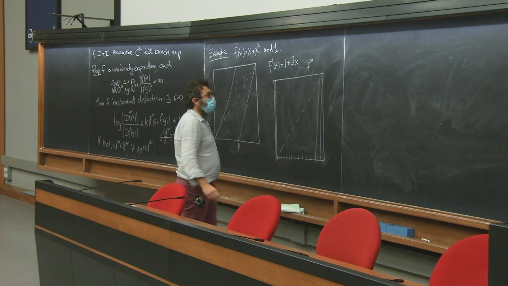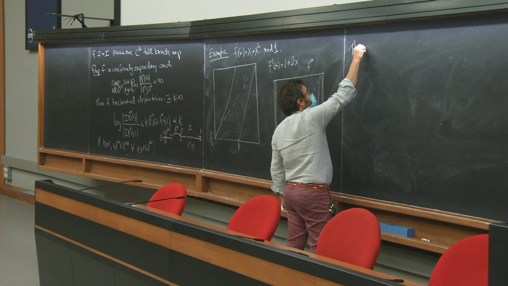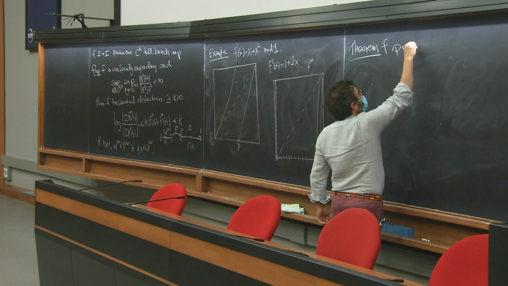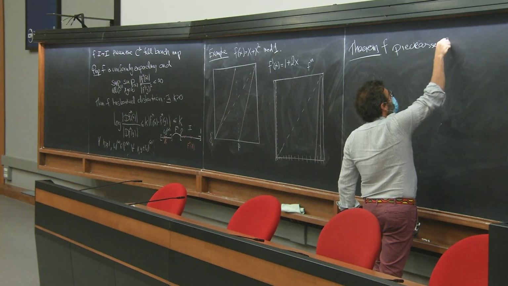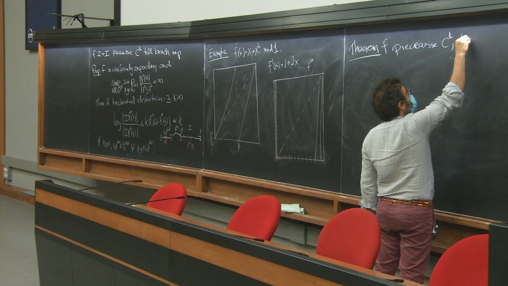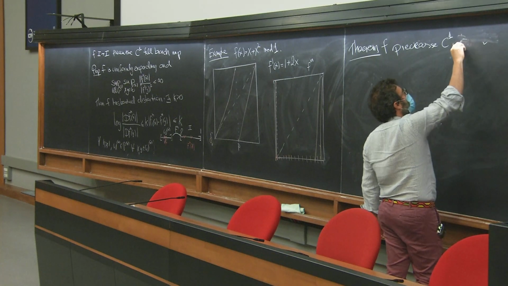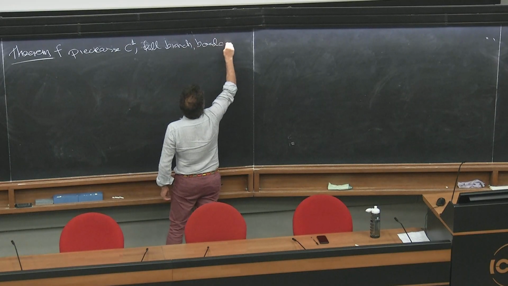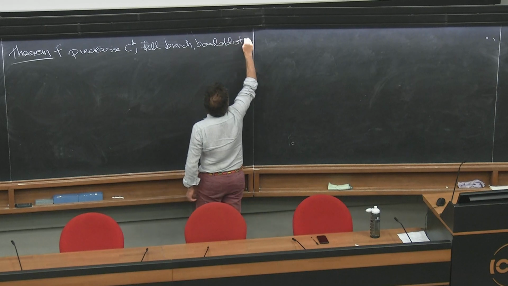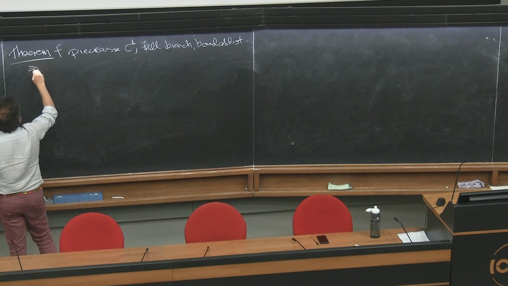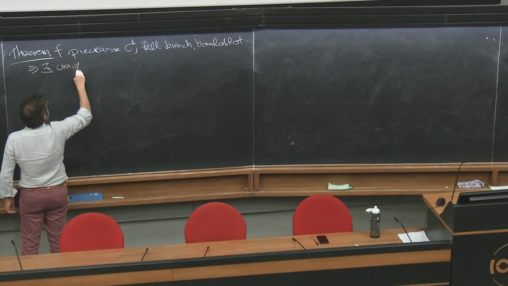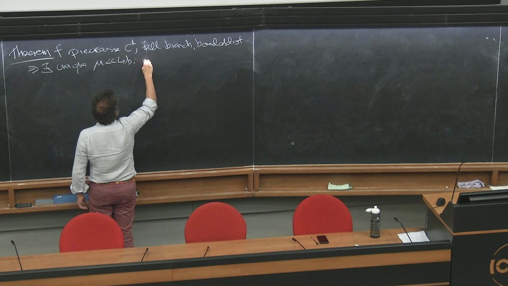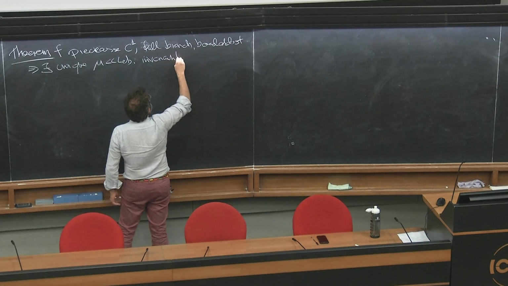So what do we want to prove here? The final result, theorem: F piecewise C1, full branch, bounded distortion implies there exists a unique invariant probability measure mu absolutely continuous with respect to Lebesgue.